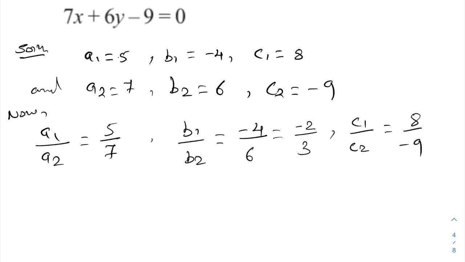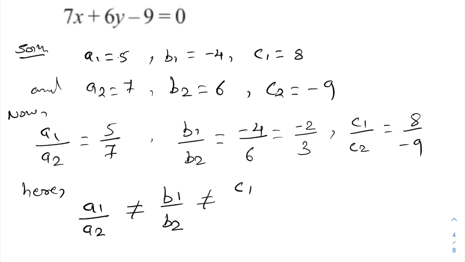Now from these ratios it can be seen that a1 upon a2 is not equal to b1 upon b2, and is also not equal to c1 upon c2.